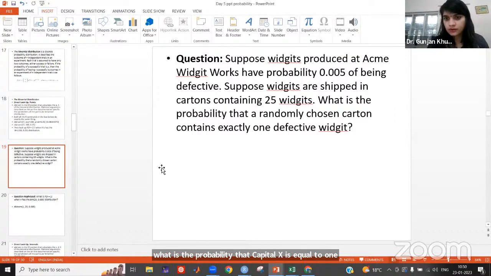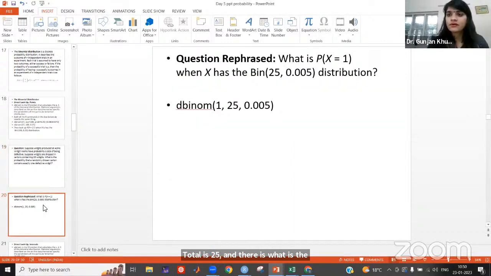1 by 25. Total is 25, and the probability of a widget being defective is 0.005. Exactly 1. Please tell me the answer of this.